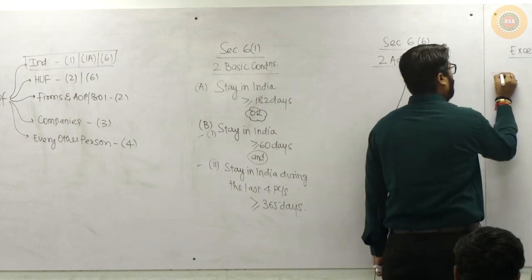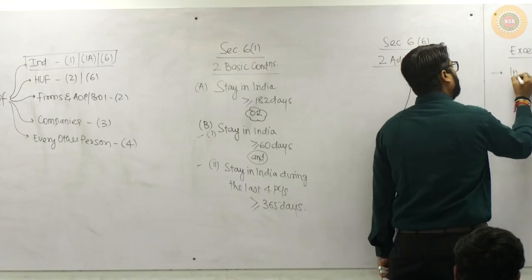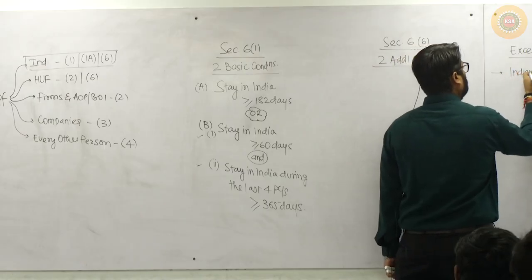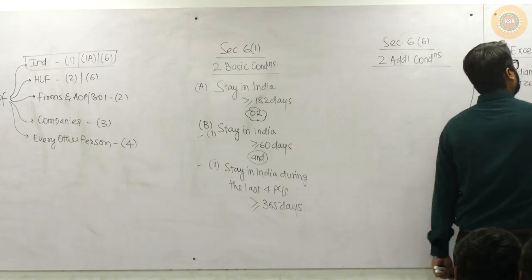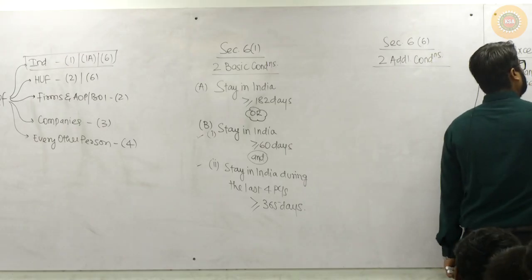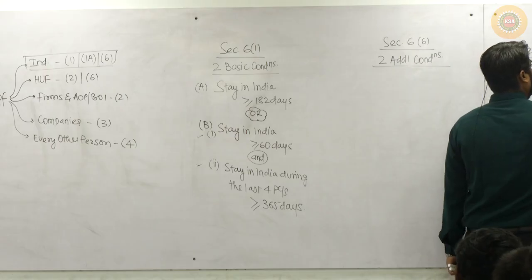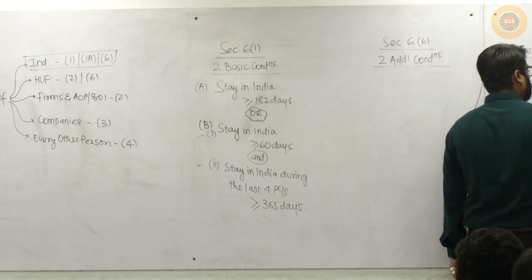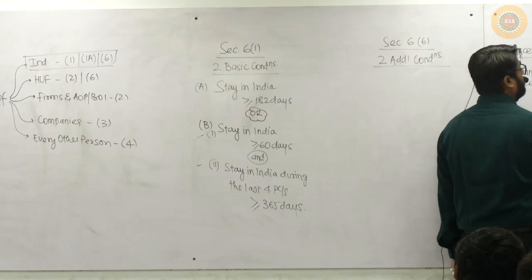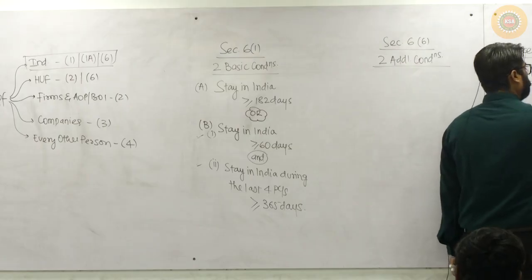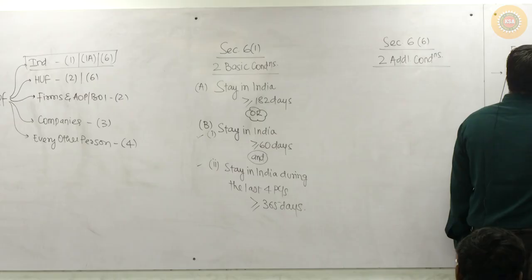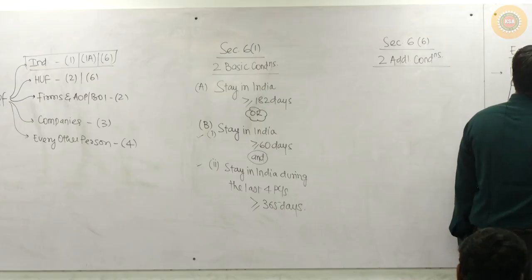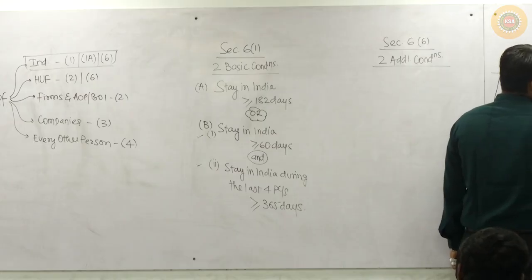So should I write these 3 exceptions for you? Now, the first exception is that you are an Indian citizen, plus this Indian citizen is leaving India during the relevant previous year for the purpose of employment outside India.